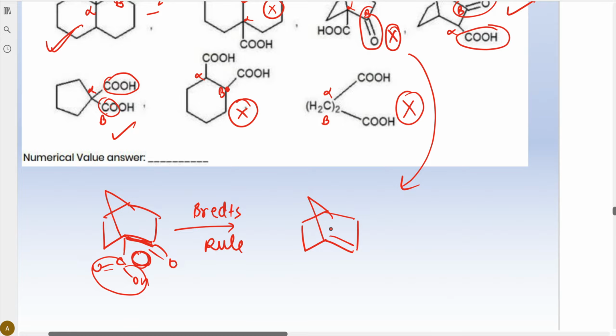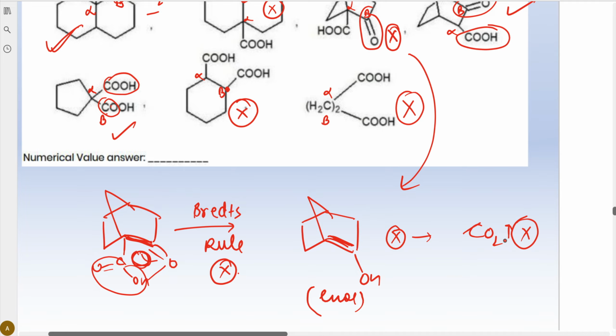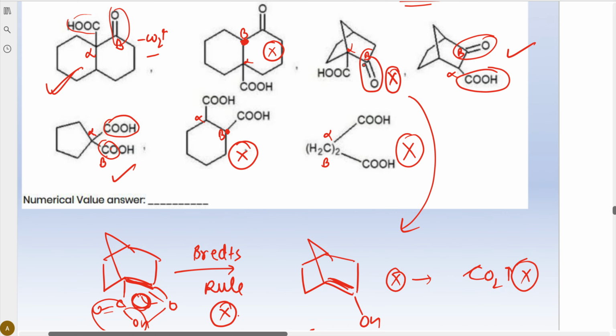Here we cannot make a double bond. Enol first we will make, by removal of CO2. So here the double bond we cannot make, and Bredt's rule will be violated by this method. So we cannot break Bredt's rule, therefore the CO2 decarboxylation we cannot do. So this answer option will be wrong.